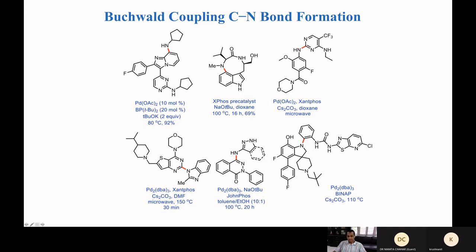All these molecules are very important ones. As you can see, the bonds highlighted in red here are the ones which can be generated by this method. So this bond, this bond, this bond, all of these are generated by this palladium catalyzed carbon nitrogen bond formation reaction.